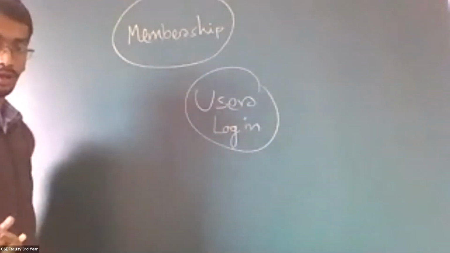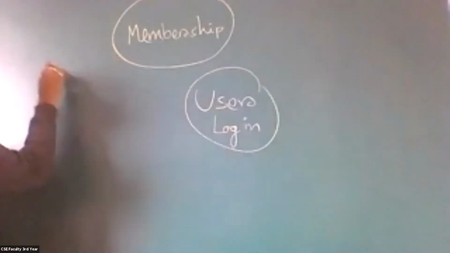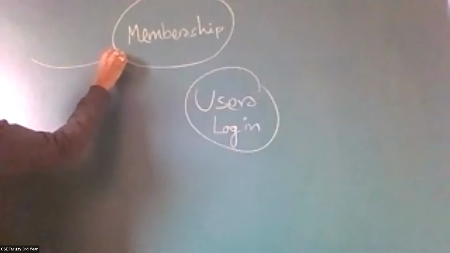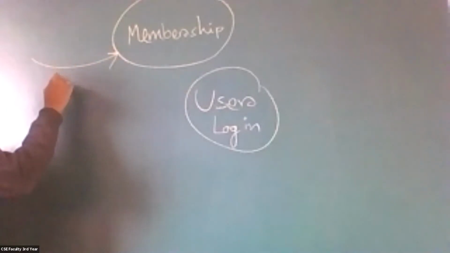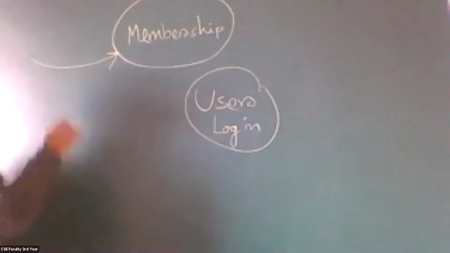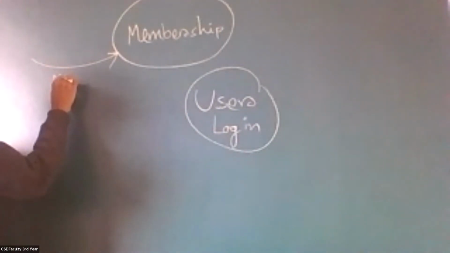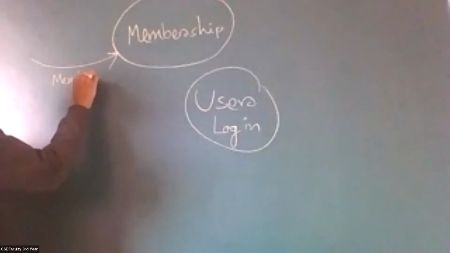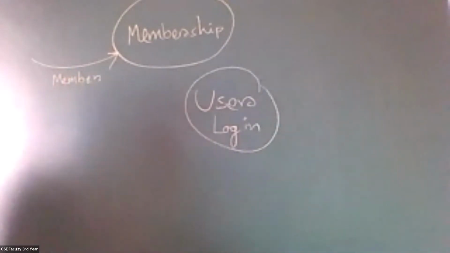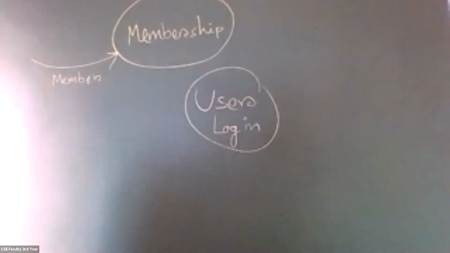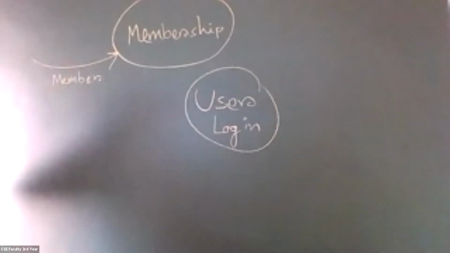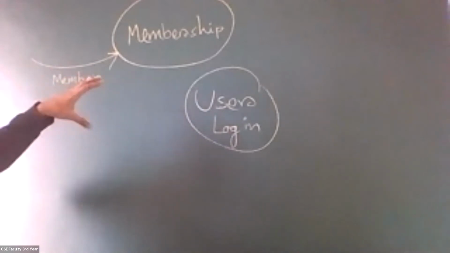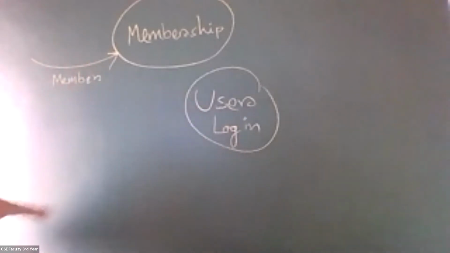So suppose I'm showing you these two processes. For the first process, that is membership, the request is from the user to take the membership. That means a membership request will be there. Here we will not show any entity from the user, to know that the membership request will be from the user. The user will request to take the membership.